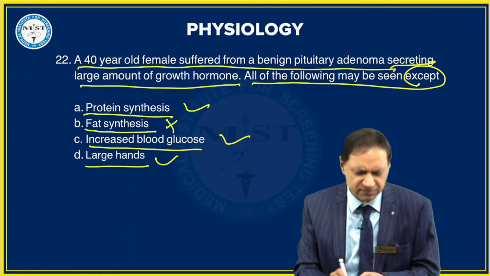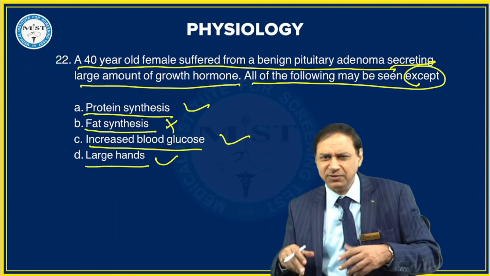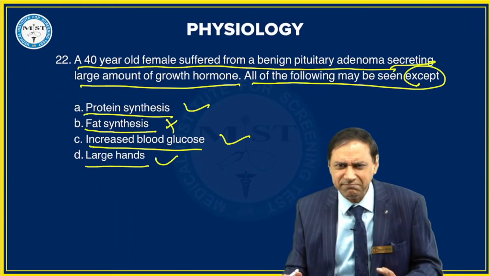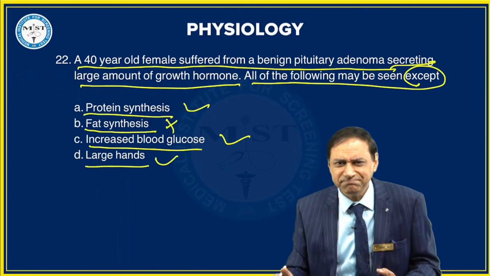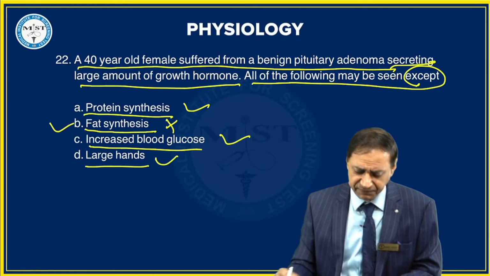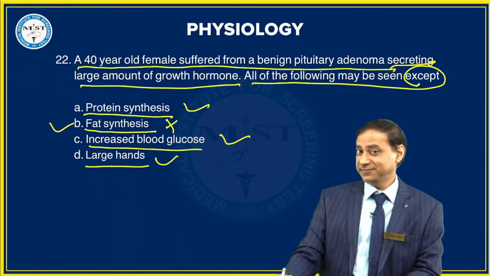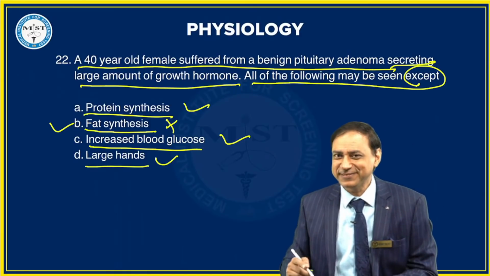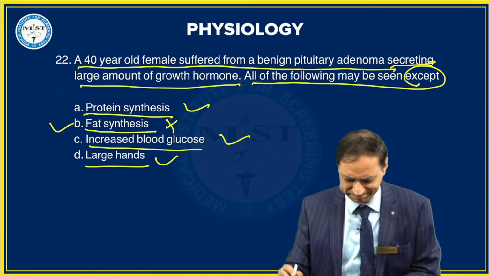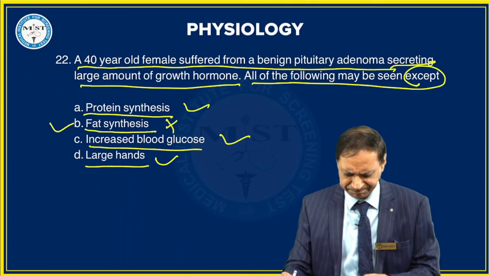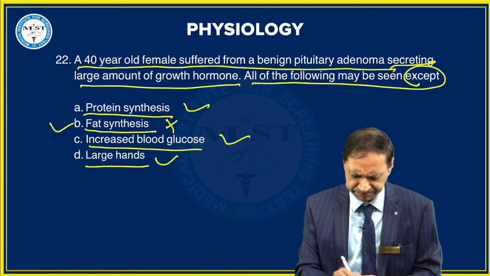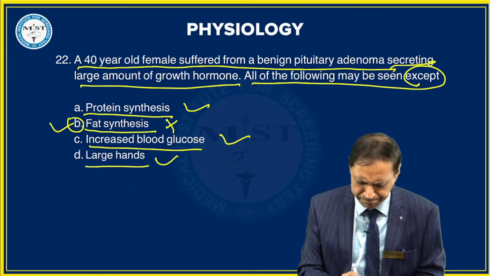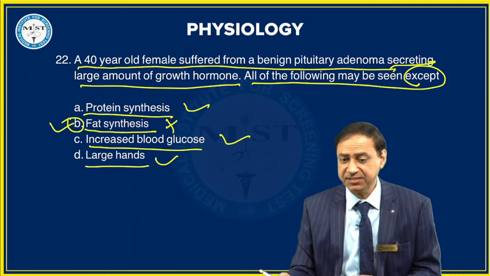Large hands, fine. Large nose, large head, large foot, large jaw. Fine. This is the answer: fat is not synthesized. Fat is lysed, protein is synthesized. B is the answer here. Fat is lysed by growth hormone.